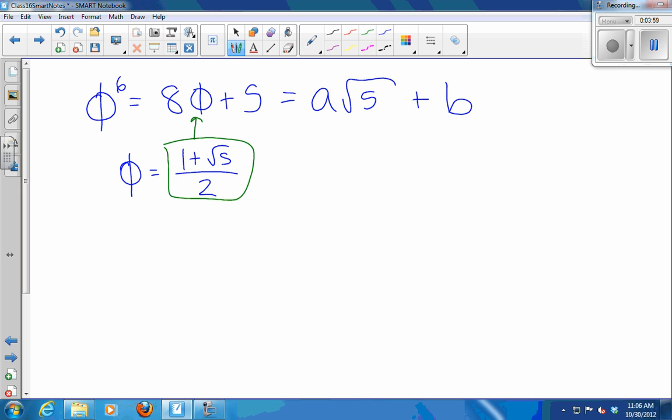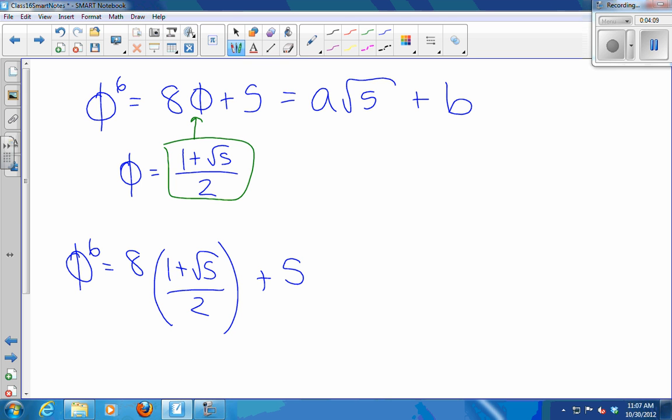So phi to the sixth is going to be 8 times 1 plus the square root of 5 over 2 plus 5. So just replacing the phi with what it equals. Then I just need to simplify it, manipulate it until it looks like something times the square root of 5 plus something else.